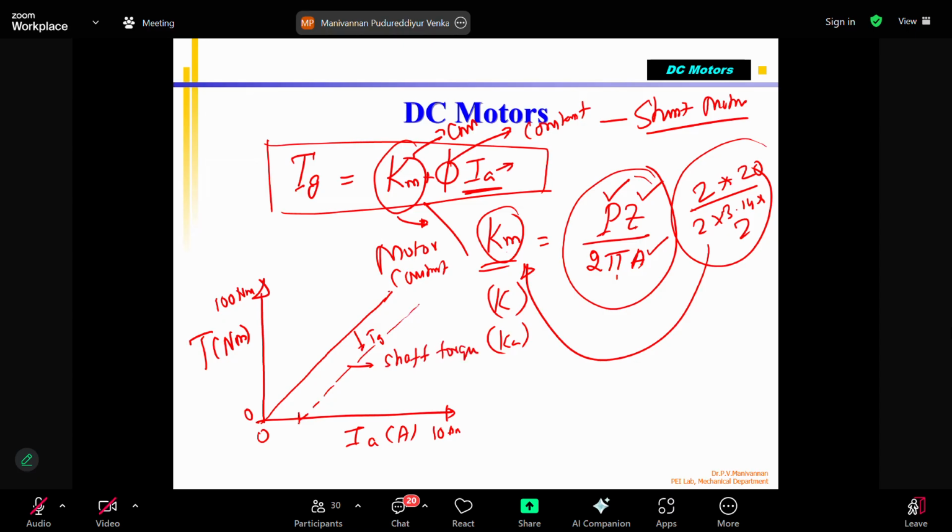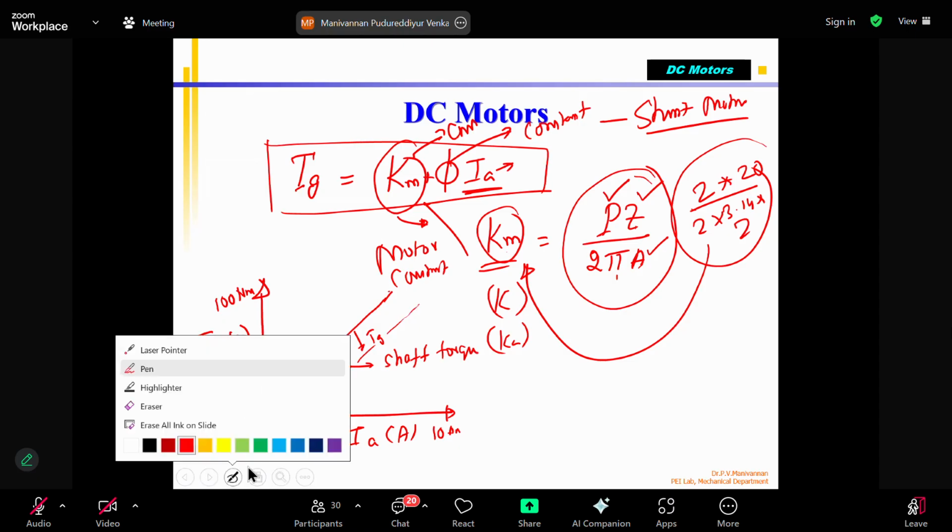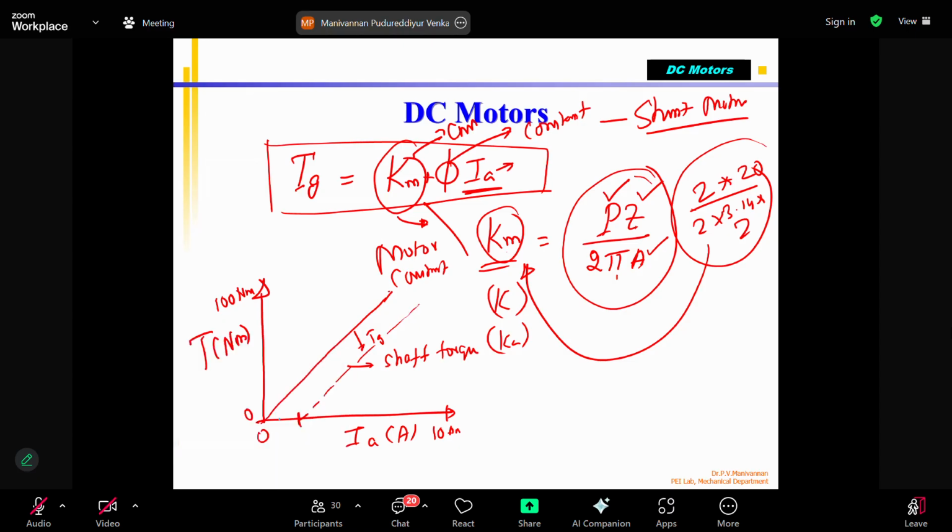Please see that this may be a little exaggerated. It can be something like this also. It depends upon the motor, the size, the mass of the armature, bearing friction, all those things. So at some amount of current Ia, when the current is zero, torque is zero, correct?